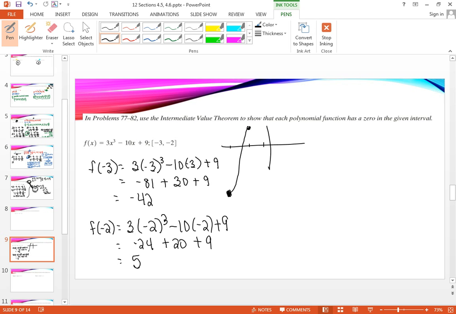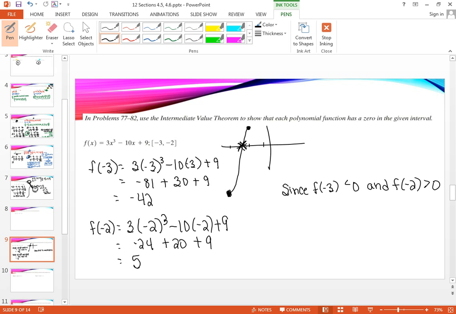So you're guaranteed that somewhere in between those two x values of −3 and −2, there is an x-intercept. Okay? So to write it pretty, I just say since f of −3 is less than 0 and f of −2 is bigger than 0. I'm purposely writing it that way so that it connects back to those other problems we were doing.